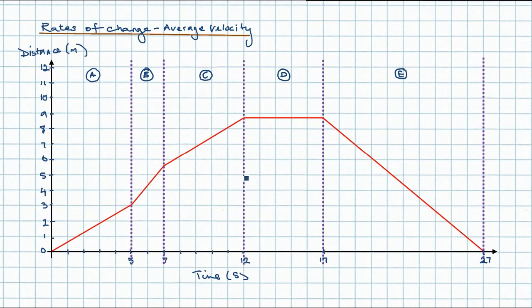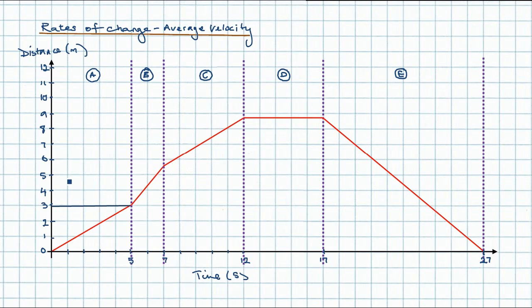Now, a geometric check can be done using the idea of a triangle. In other words, the gradient, or the line here, represents the hypotenuse of a right-angled triangle. The rise is one side of the right-angled triangle, the run is the other. So all I need to do here is draw a line across from 3 meters along to here to complete my right-angled triangle, and measure the rise.